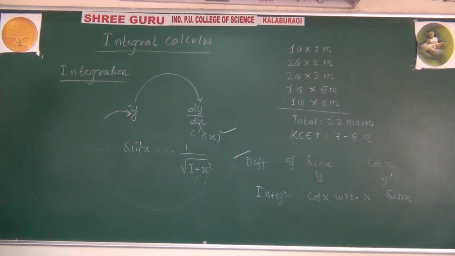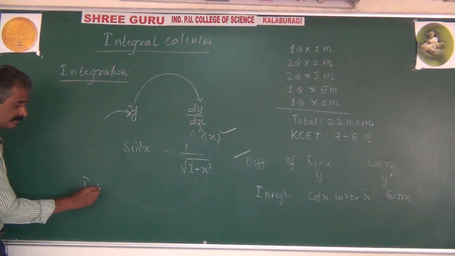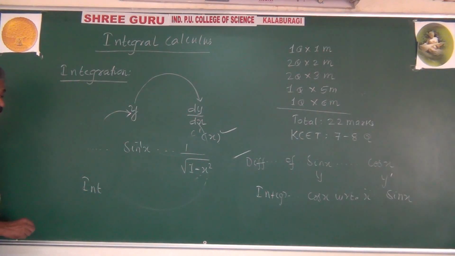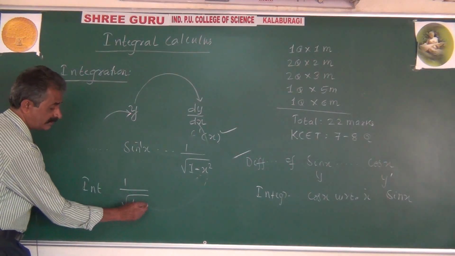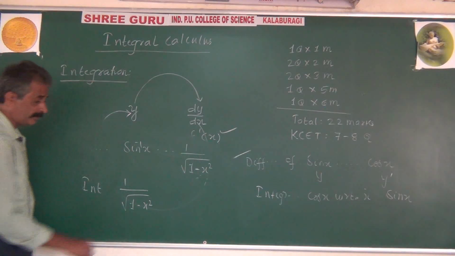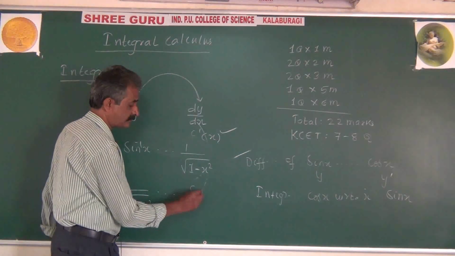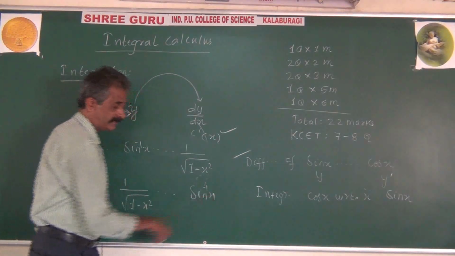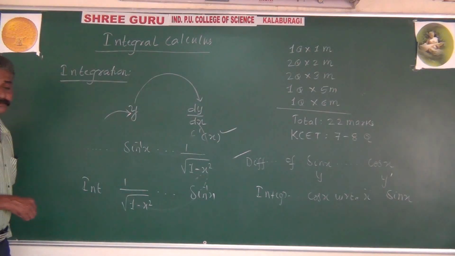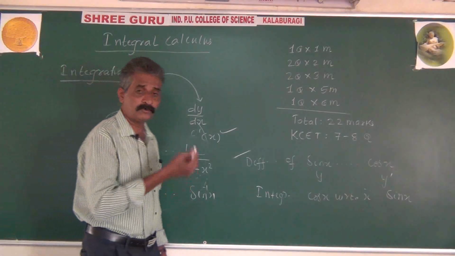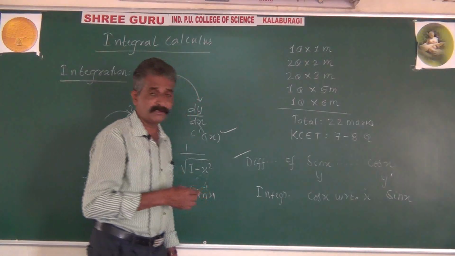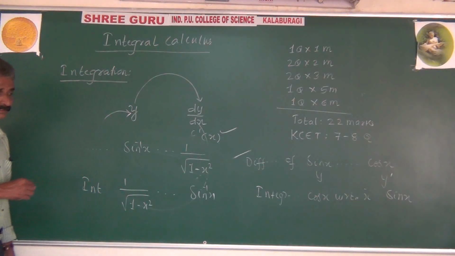Now in this topic, exactly opposite: integration of 1 by root of 1 minus x square with respect to x will be equal to sin inverse of x. Like this, you can go on writing any number of such formulas, but these will not be new formulas, they are old formulas in the opposite direction.